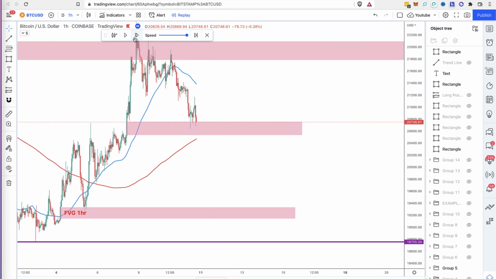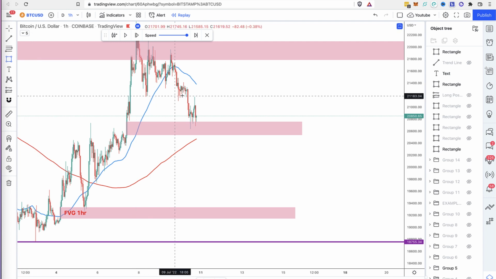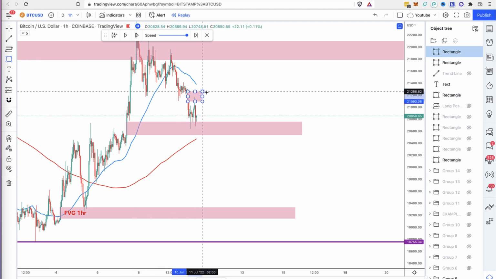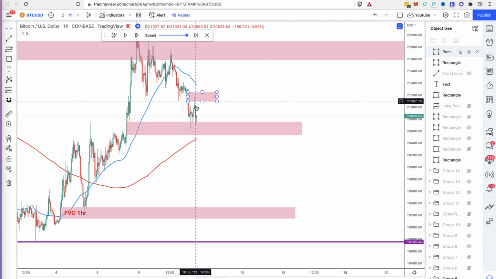Okay, so we can see over here, same thing. It's just fair value gaps and supply and demand that's being filled. You can see over here, we had that little fair value gap over here. You can see on this candle. So from the move up here, it filled that, but we got this wick.